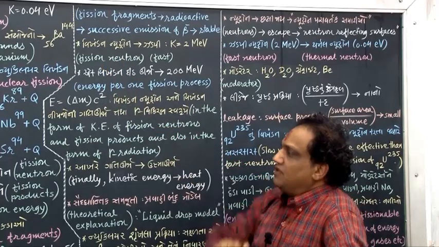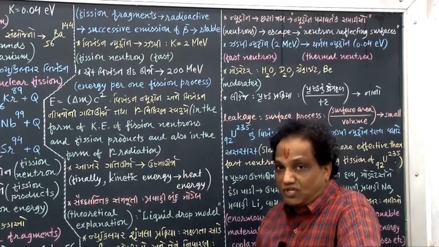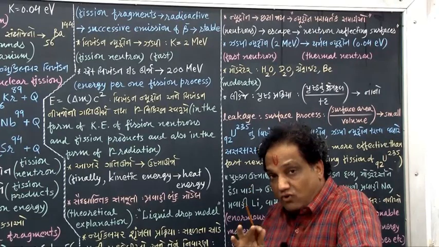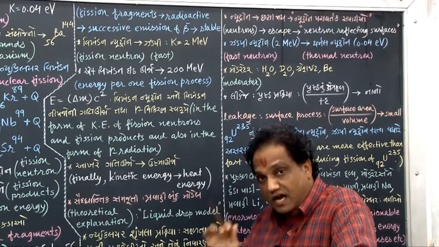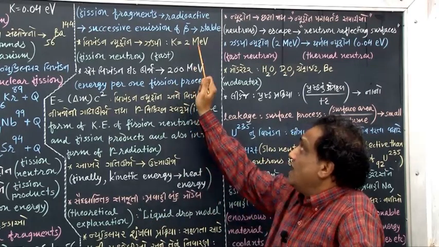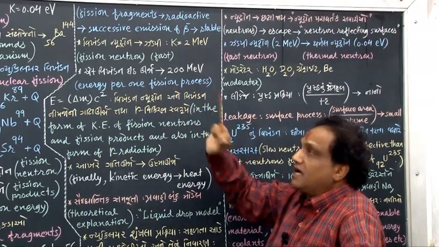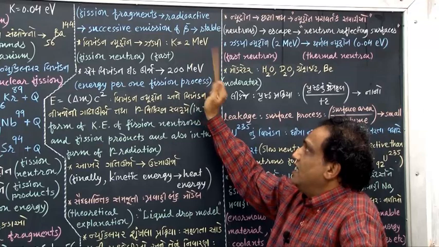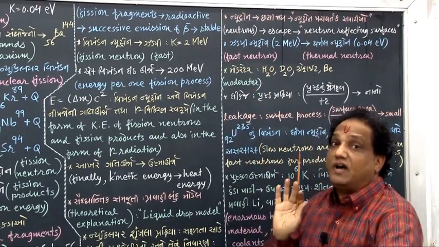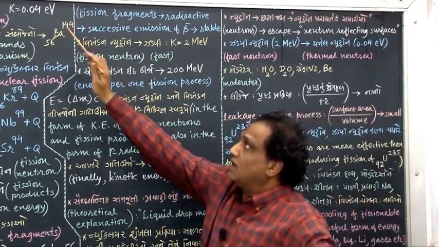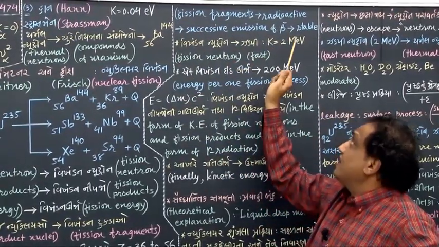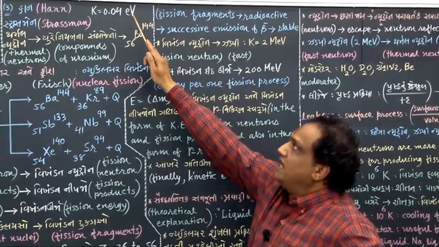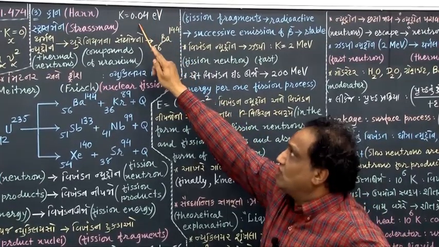Then fission neutrons, whichever you get in the process of fission of uranium, are found to be having very large amount of energy as high as 2 million electron volt. Their kinetic energy is 2 million electron volt, which is very high. As compared to thermal neutron, the kinetic energy of fission neutron is very high. This is simply electron volt, and that too only 0.04.